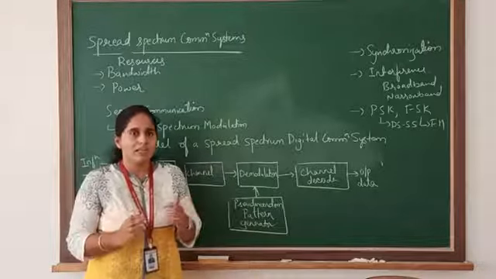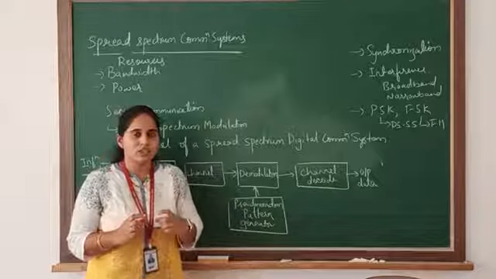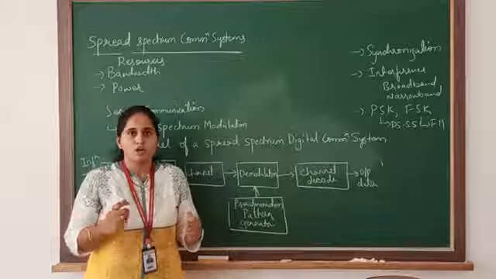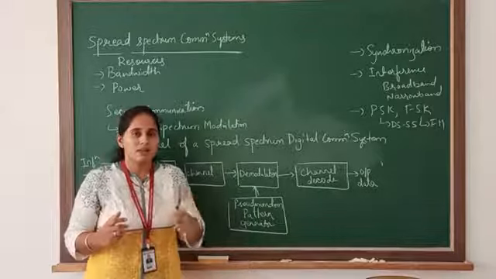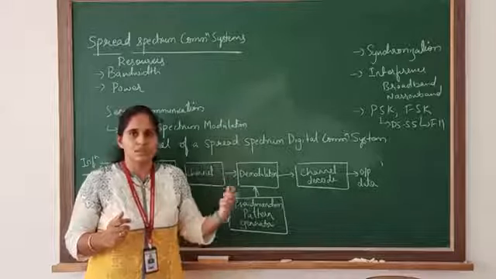The main thing here is to maintain synchronization between the transmitter and the receiver. Whatever PN sequence we use at the transmitter, the same PN sequence should be used at the receiver.